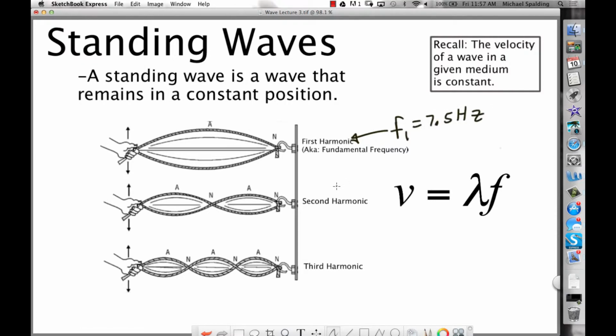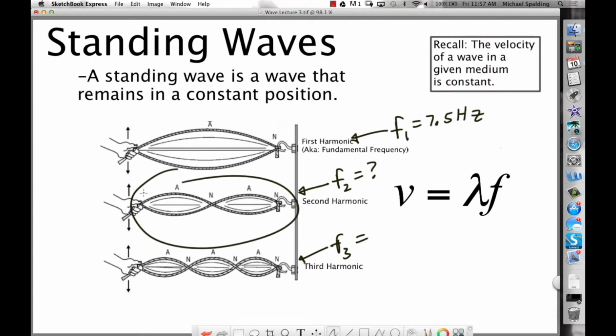So if the first harmonic is 7.5 hertz, what would be the second harmonic, and what would be the third harmonic? There's a frequency we can set the wave generator to that's going to give this, and then a frequency we can set it to that's going to give this. Okay, so I'm going to show you how to do it.